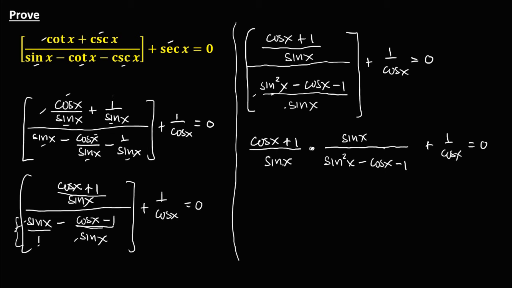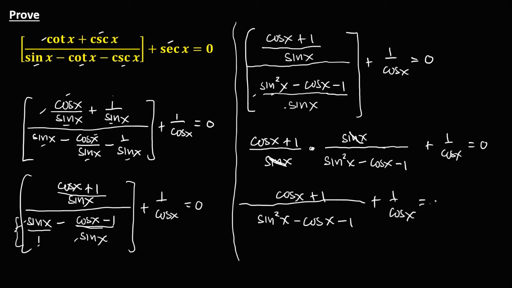Then we can cancel now this sine x. So we have now cosine x plus 1 over this sine squared x minus cosine x minus 1 plus 1 over cosine x equals 0.